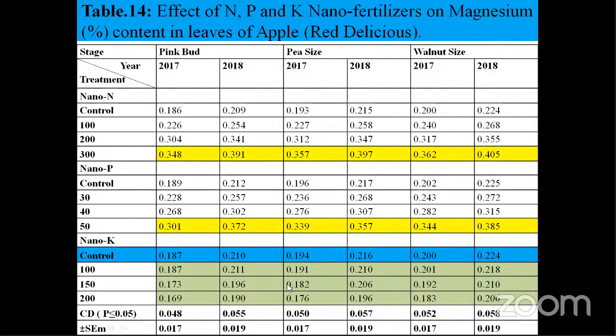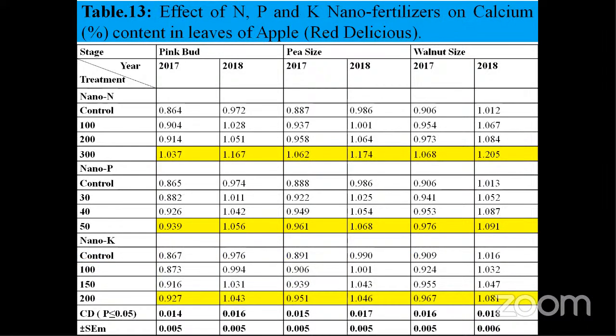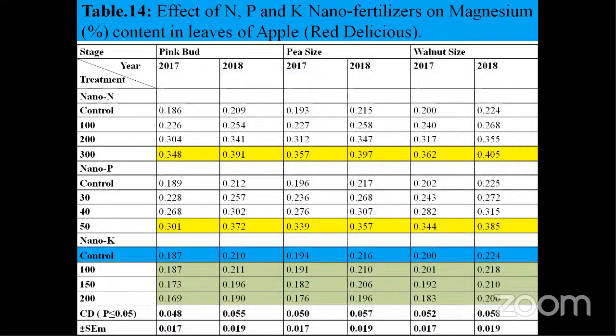There was a negative correlation between these two. That means when we added more potassium, the magnesium in the plant decreased. Unlike calcium, when we added potassium, the calcium increased. However, when we added potassium nanofertilizers, the calcium in the plant decreased. This is because of the negative correlation between potassium and calcium and magnesium. However, magnesium is more predictable towards the negative correlation.